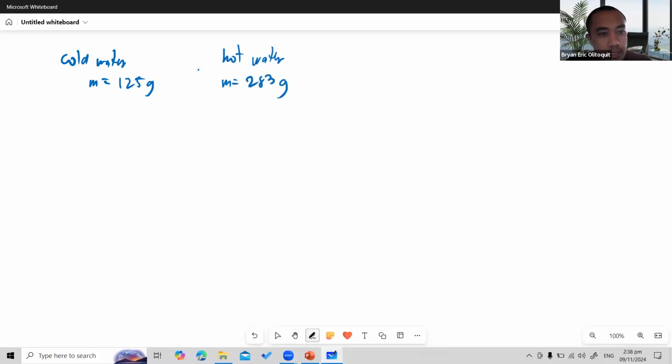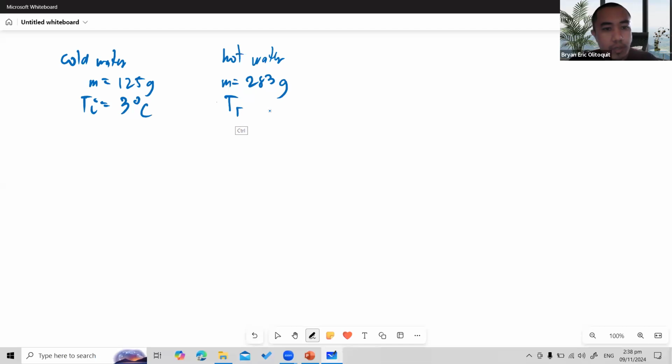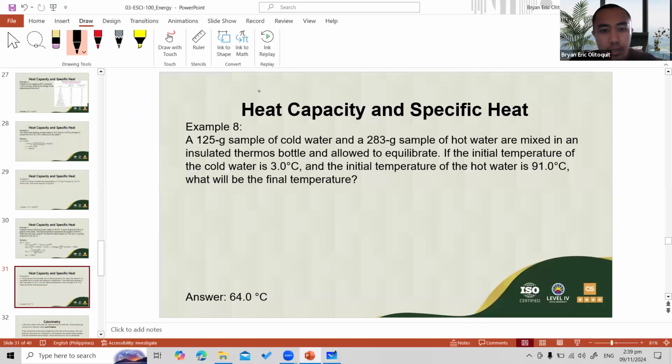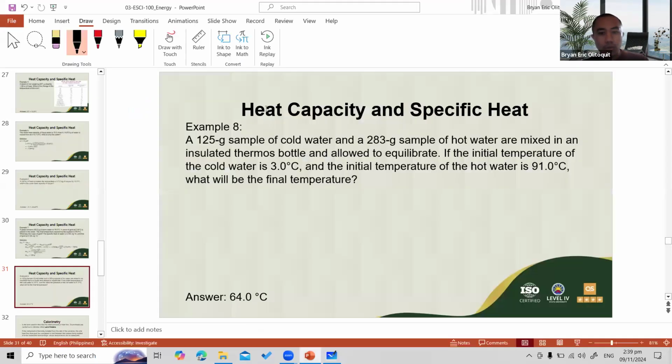And we have an initial temperature of 3 degrees Celsius. And the initial temperature naman for the hot water is 91 degrees Celsius. So, ang hinahanap is what will be the final temperature.